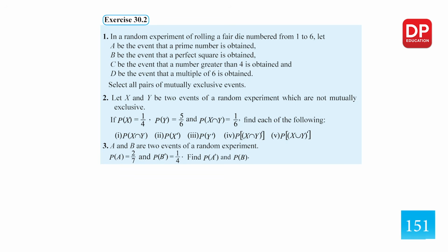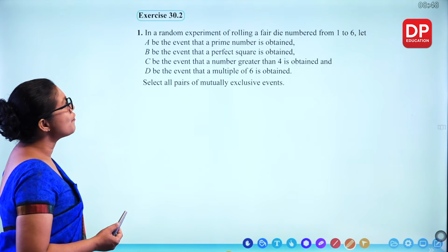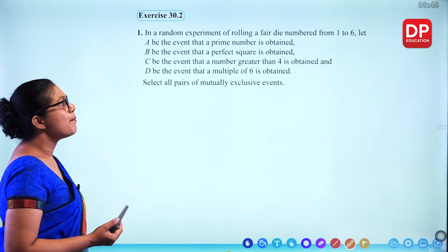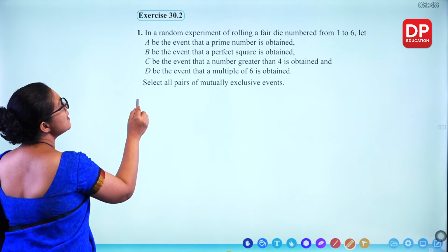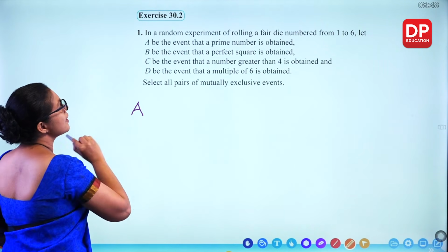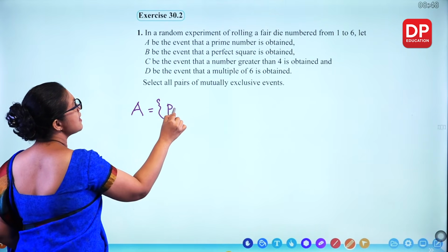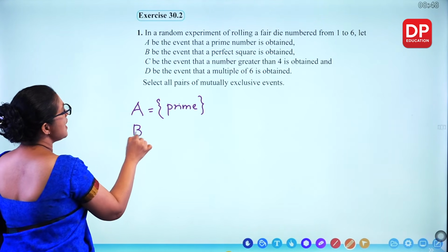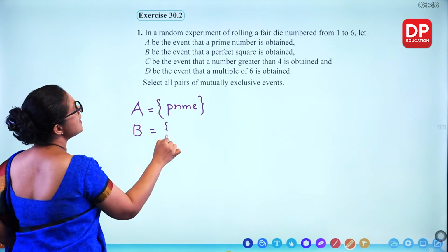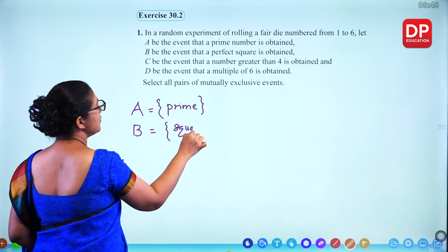Exercise 30.2. First question. In a random experiment of rolling a fair die numbered from 1 to 6, let A be the event that a prime number is obtained. So A is prime. What's B? B is the event that a perfect square is obtained, a square number.